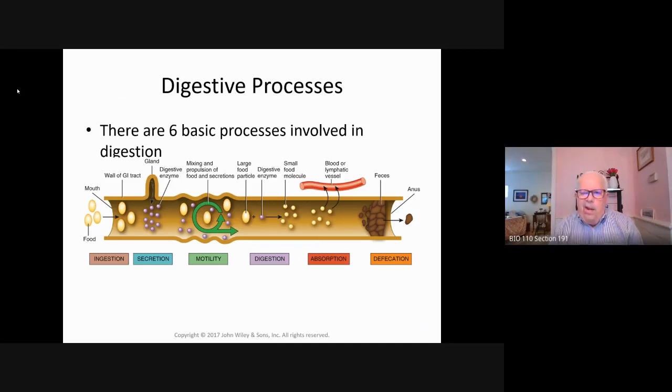Absorption: 90% of all absorption is in the small intestine, and we'll talk much more about the small intestine when we get to part 2. And then defecation. The feces has to leave, and those are the 6 processes: ingestion, secretion, motility, digestion, absorption, and defecation. Okay?